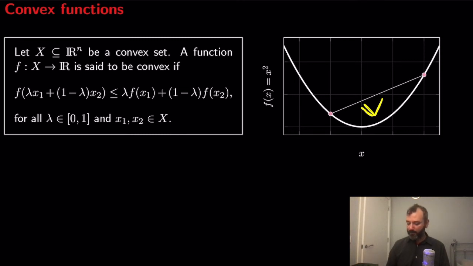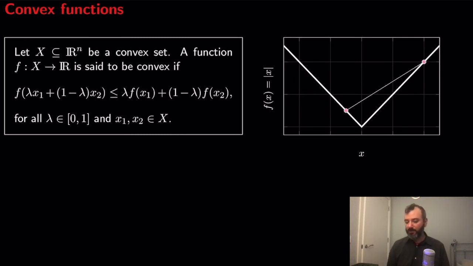This is x squared. Have a look at this. This is the absolute value of x. Take a point here and a point here. Connect them with a line segment, then the function is below the line segment. Of course, this doesn't have to be specific to 2 particular points. Take any points. Take, for instance, this one and this one.